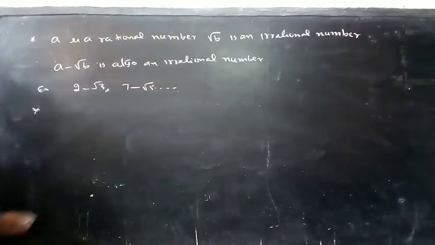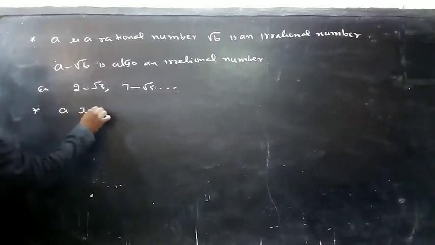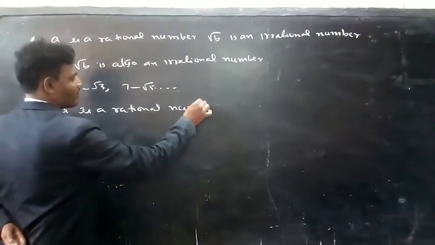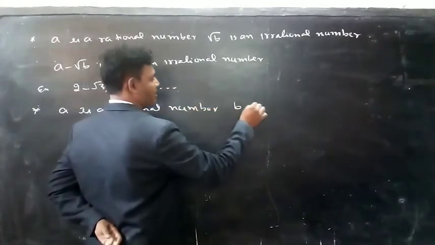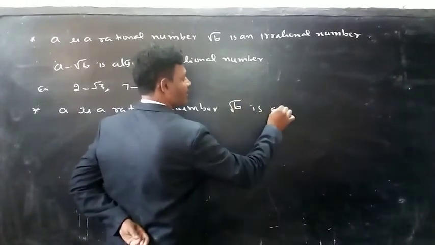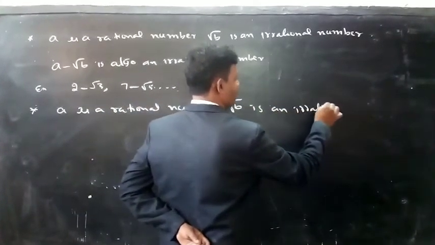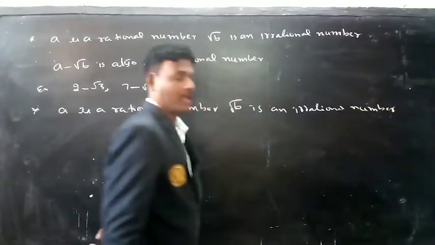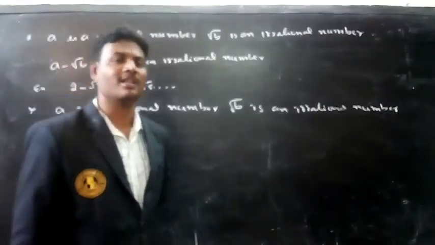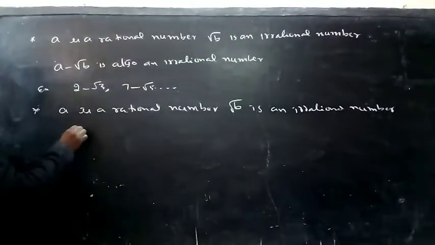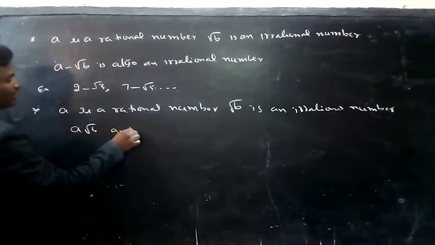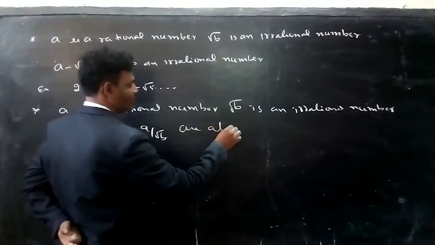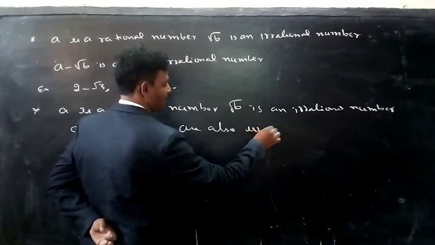Next, A is a rational number and root B is an irrational number. Then A root B and A by root B are also irrational numbers.